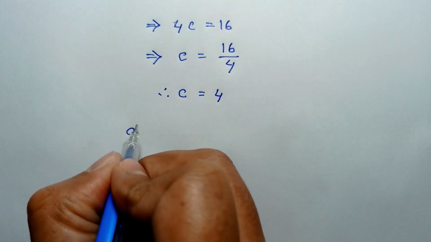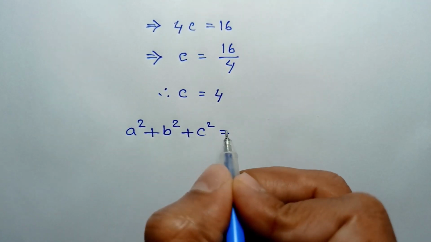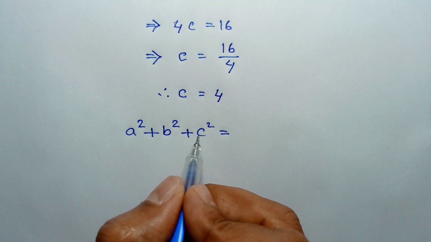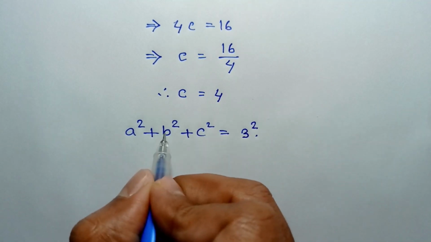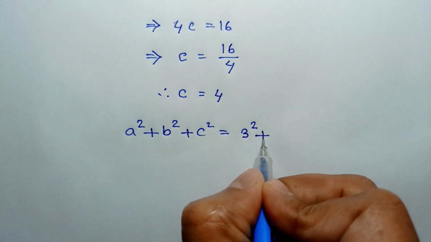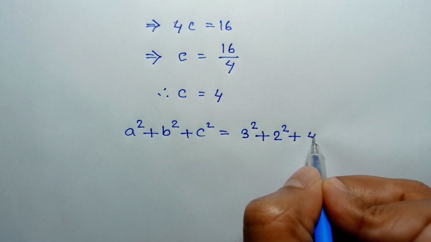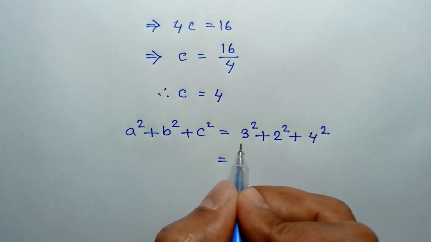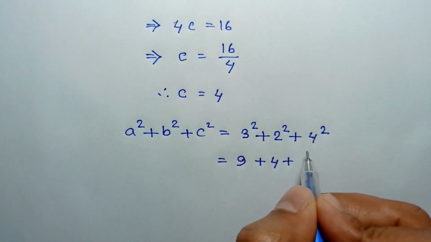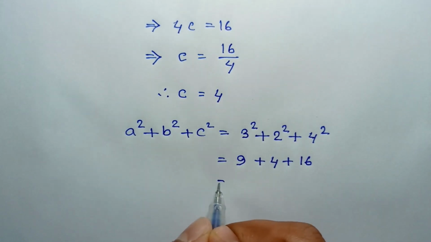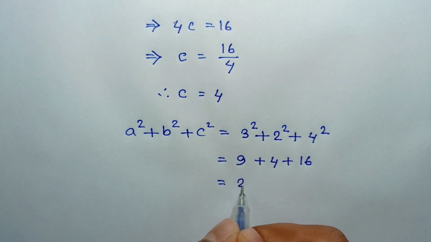So finally, a square plus b square plus c square is equal to, substituting the values of a, b and c, the value of a is 3 square, the value of b is 2 square, and the value of c is 4 square. That is 3 square is 9 plus 2 square is 4 plus 4 square is 16, which is 9 plus 4 equals 13, plus 16 equals 29.